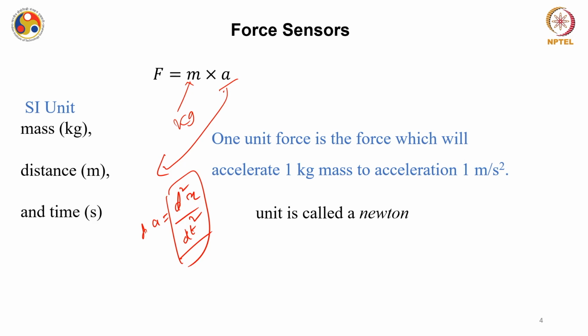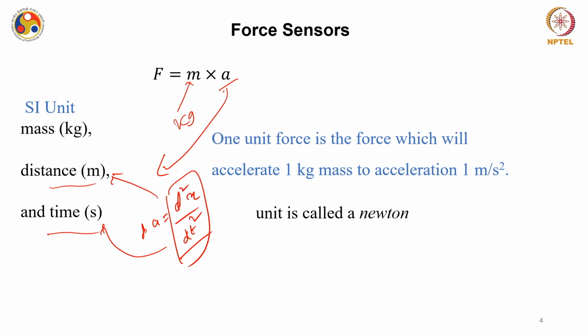So, it is distance and time. In acceleration, the SI units for distance and time are meter and second. So, 1 unit of force is the force which will accelerate 1 kg of mass at about 1 meter per second square, right.